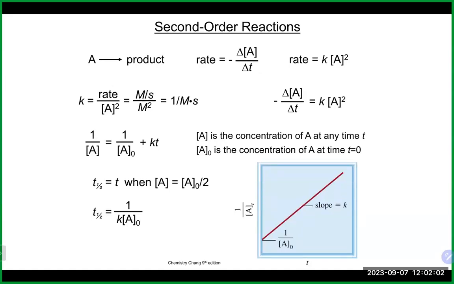You could get a second order reaction by having the order of one reactant be second order. You can also get a second order reaction if you had two reactants that are each first order. So there are a couple of different ways to achieve that.